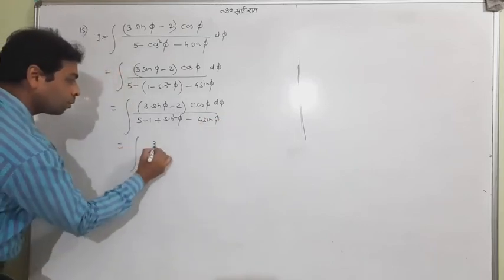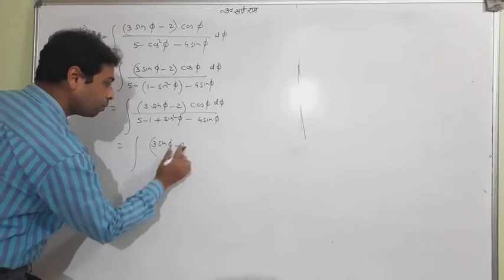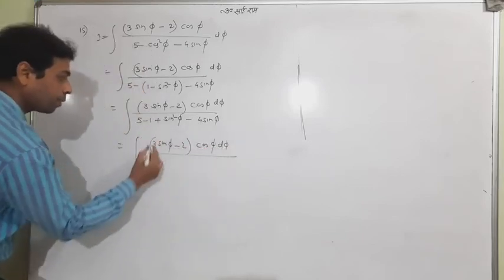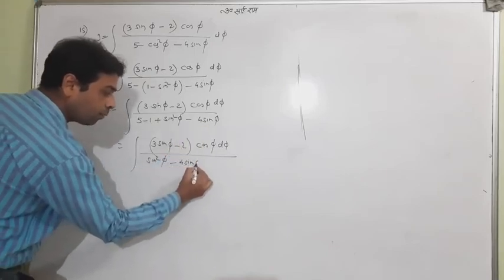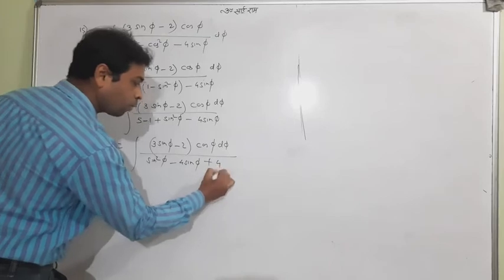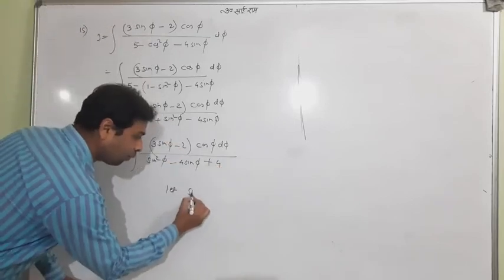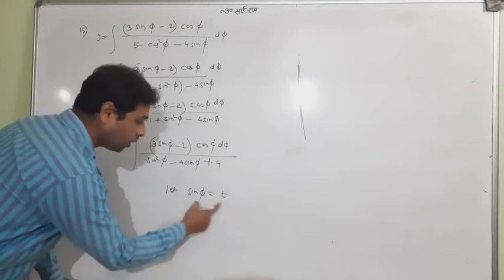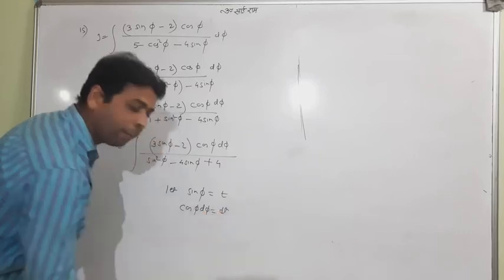After this, 3 sine phi minus 2 cos phi d phi upon sine square phi minus 4 sine phi plus 4. And what will you do now, students? Sine phi equal to t. So differentiating, cos phi d phi equals dt. You remember that?